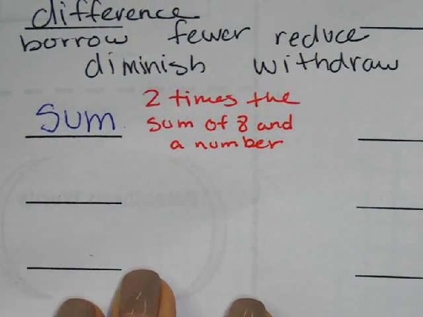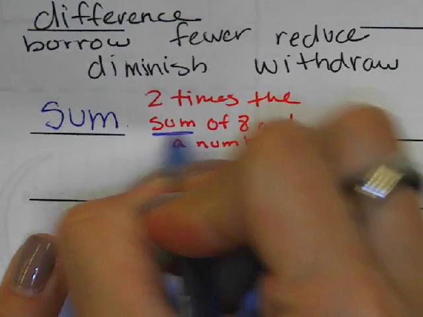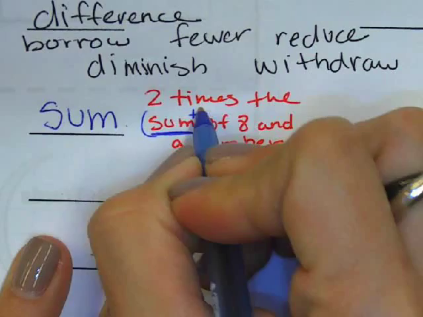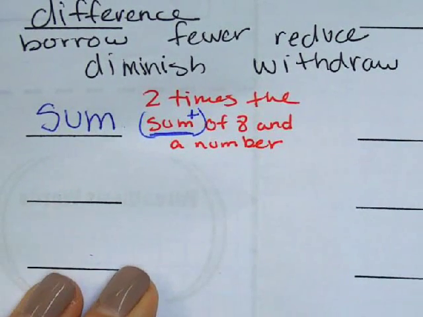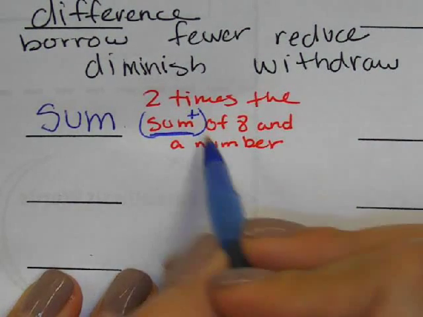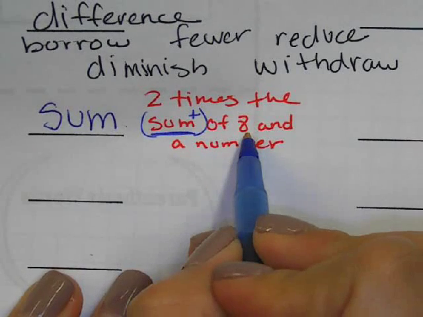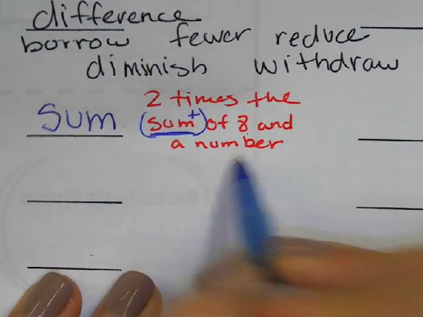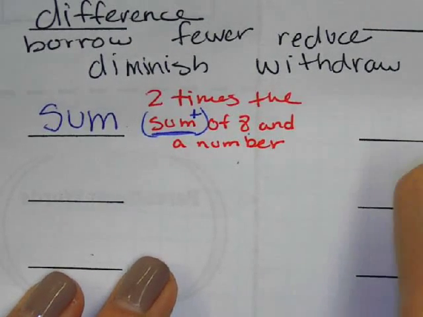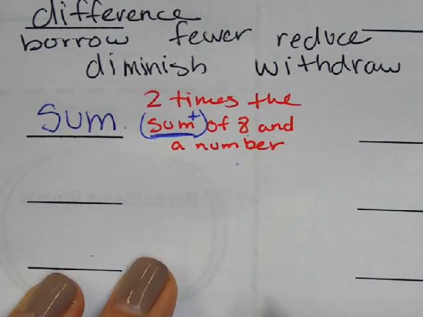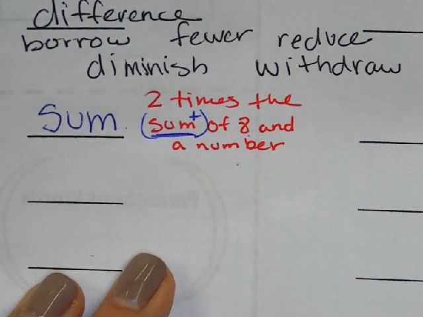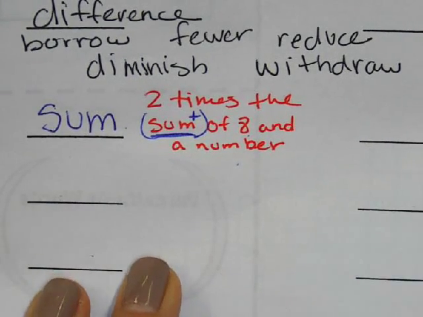So, sum, what does that mean? Plus, but it also means parentheses. But what am I going to put in the parentheses? I'm going to put in the parentheses the 8 and the number, the variable. So I'm going to put parentheses, and what goes inside the parentheses? 8 and the number, which is X. But what also goes in there?